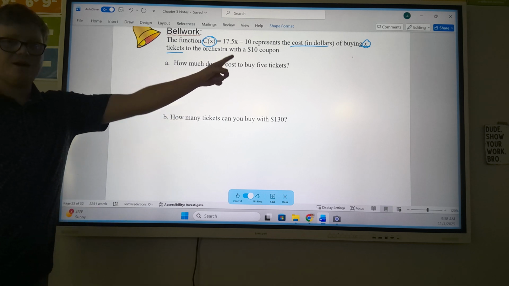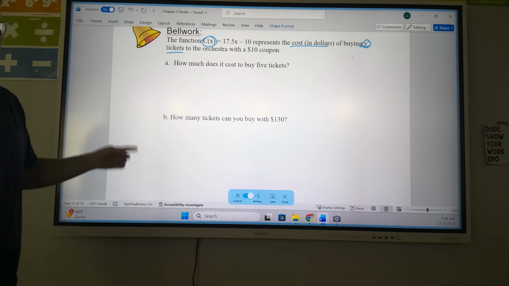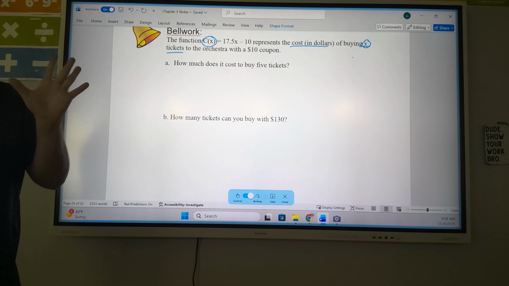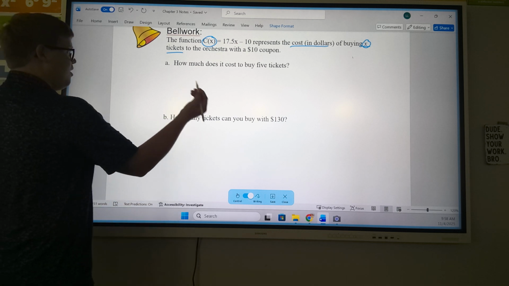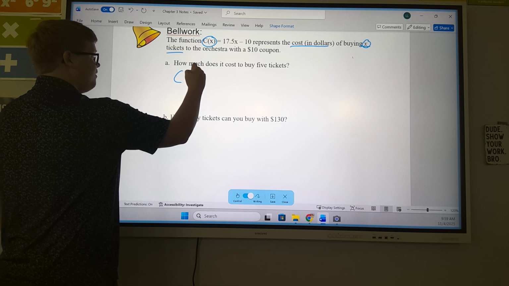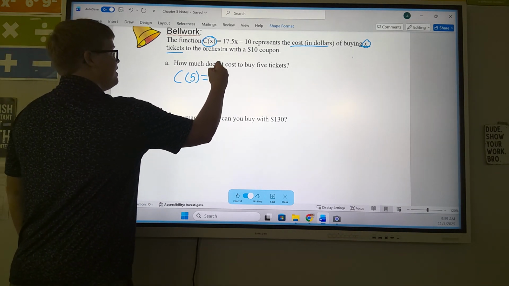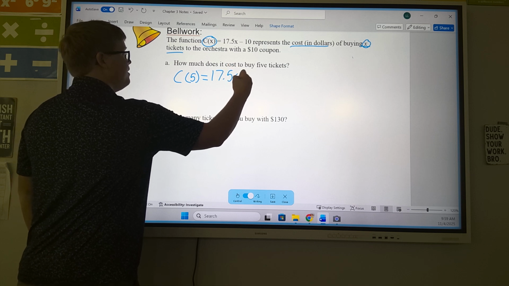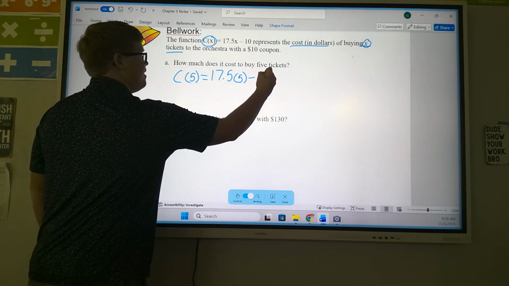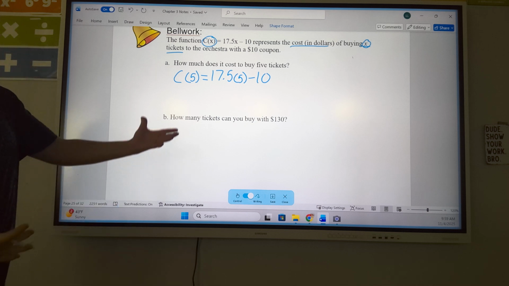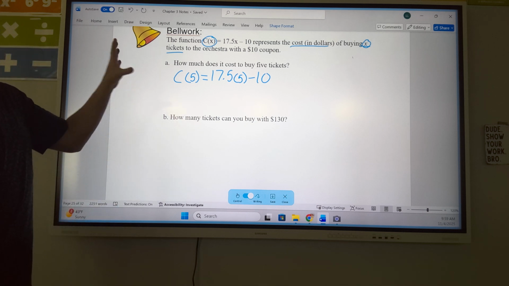How much does it cost to buy 5 tickets? Well, we know that x already represents tickets, so we just plug 5 in for x. So our function can say the cost of 5 tickets is, and we'll find it, 17.5 times 5 minus 10. And the reason we're subtracting 10 is because there's a $10 coupon, right? The function's already given for us.